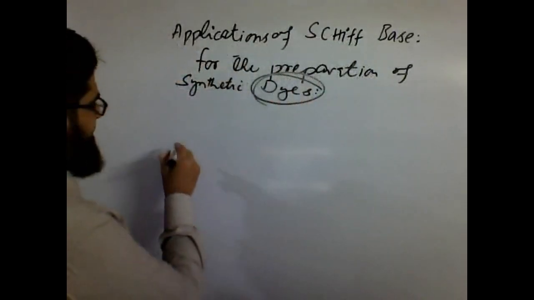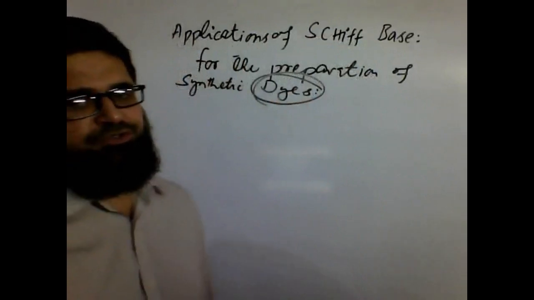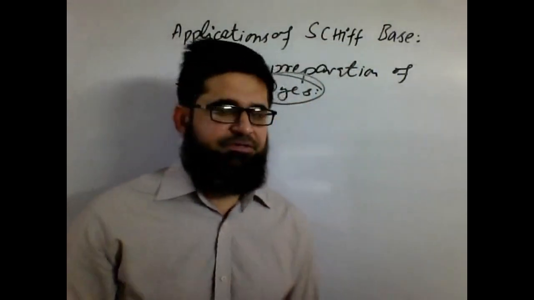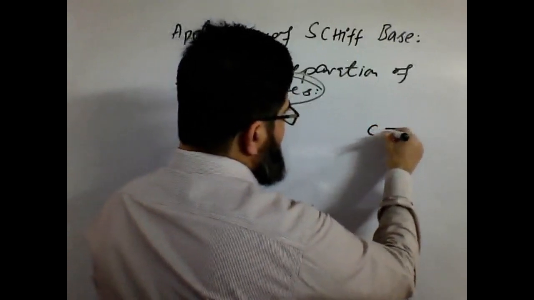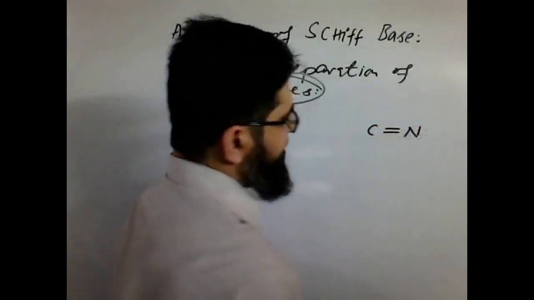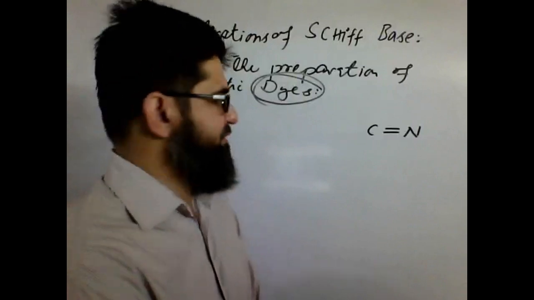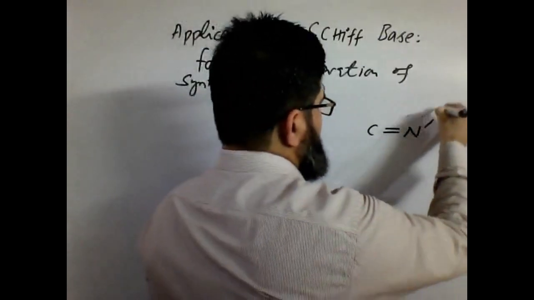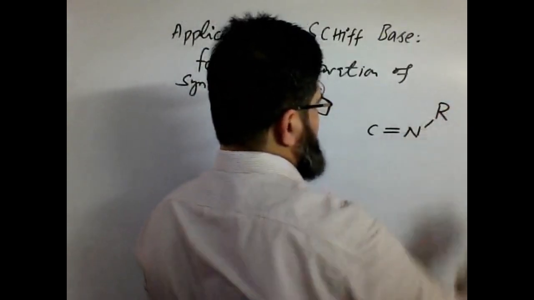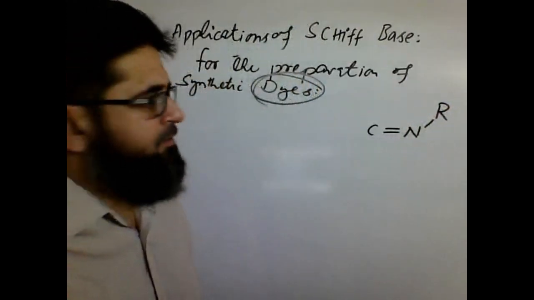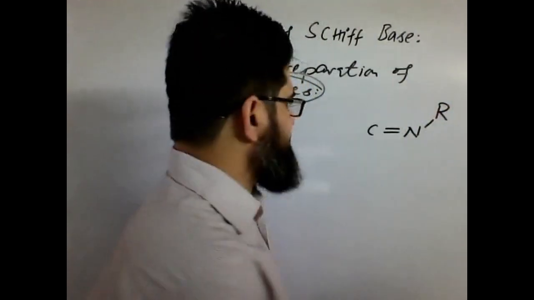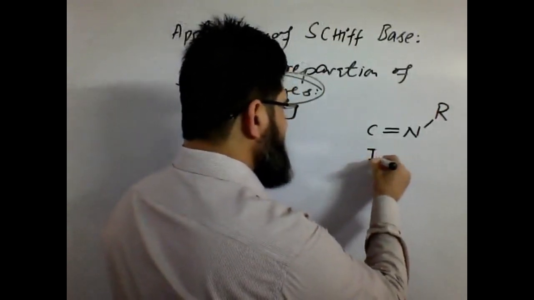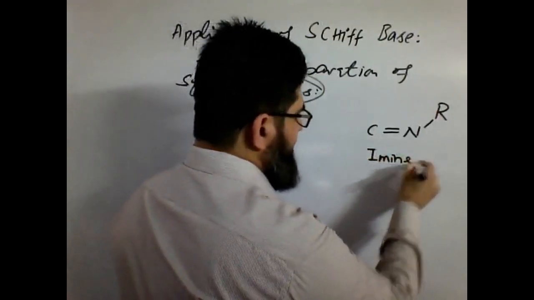Yesterday in my last lecture, about the chemistry of the Schiff bases, I told you whenever you see a double bond between carbon and nitrogen, and the nitrogen also carries some sort of substituent as well, this compound is called an imine, as we have an idea about it.